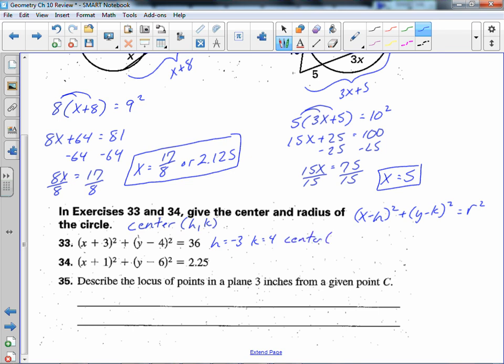So our center here is the point negative 3, 4. And then to find the radius, we have to look at that the r squared is equal to 36. Take the square root of both sides there. And we're going to get 6 for our radius.